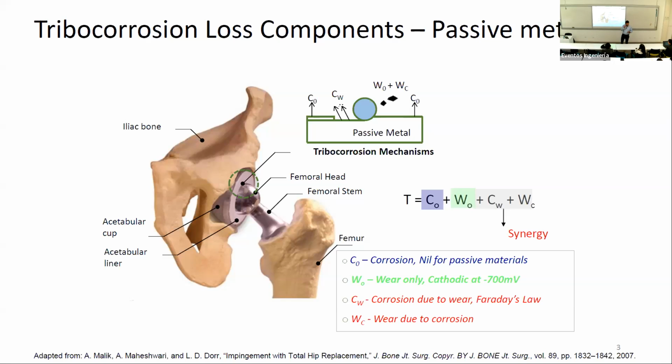It's an oxide, it's nanometric inside. And as it forms, it slows down very much the corrosion rate.